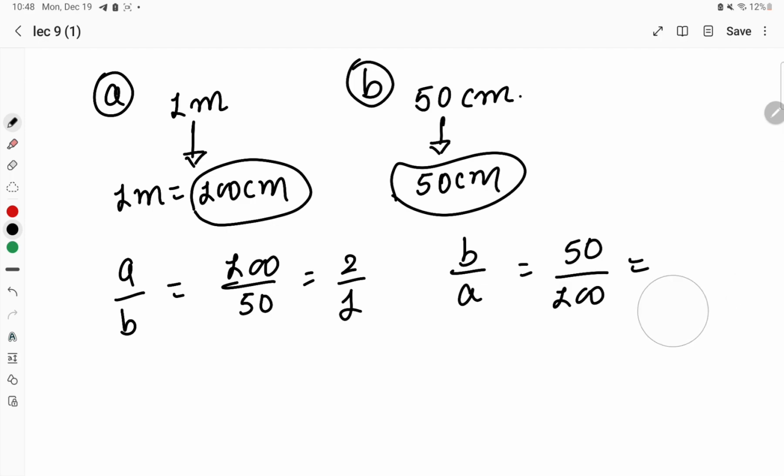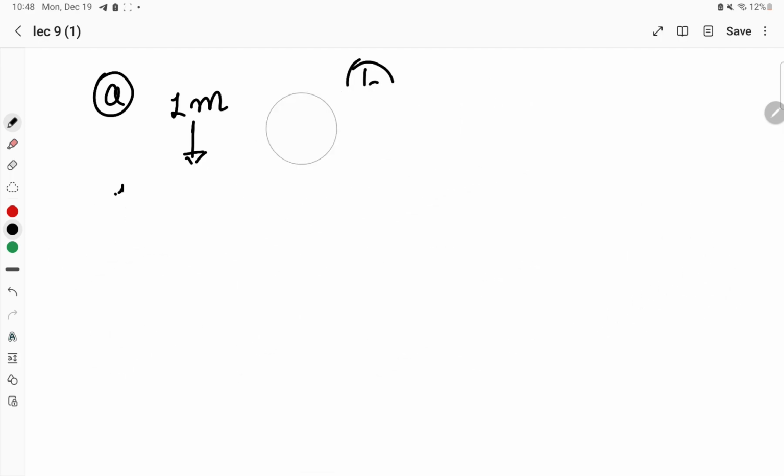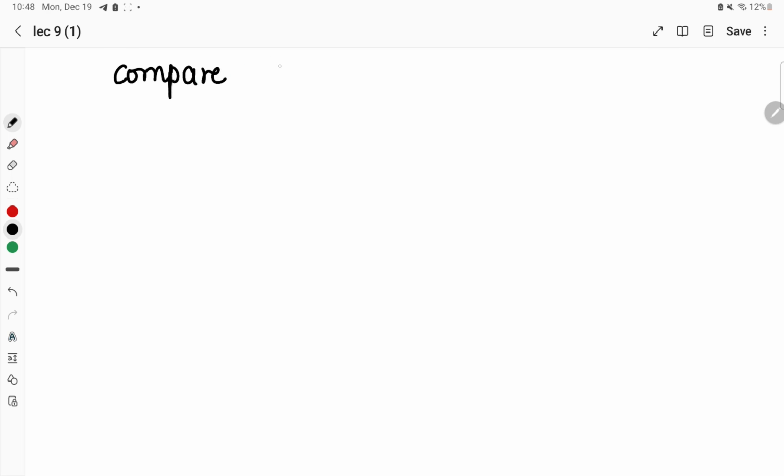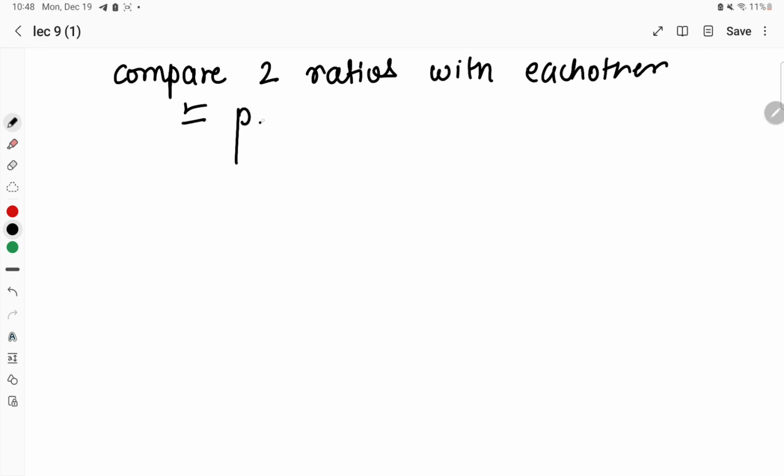Now, this was one thing I had to tell you. The second thing I wanted to tell you is, whenever we are comparing two ratios with each other, it means we are comparing one ratio with another, we say that proportion is seen.